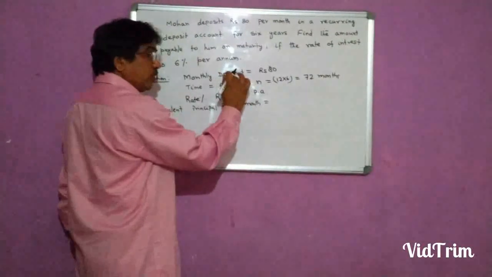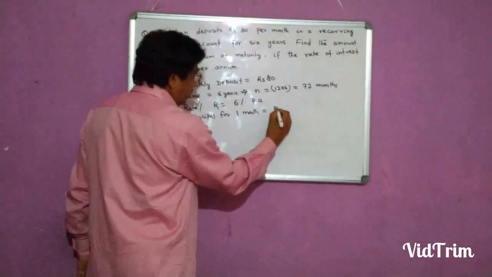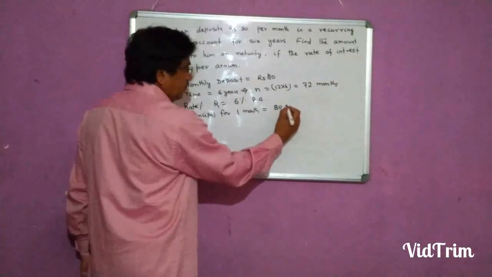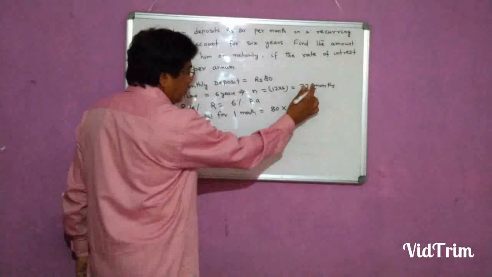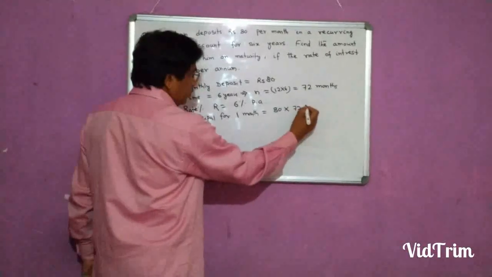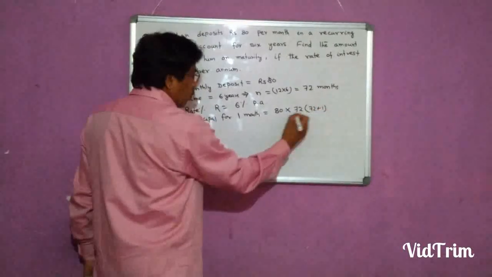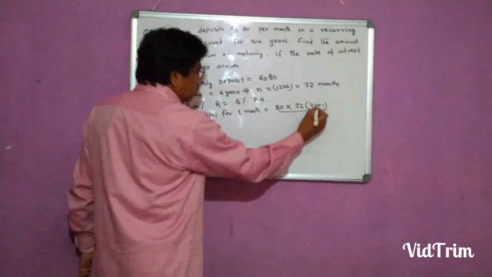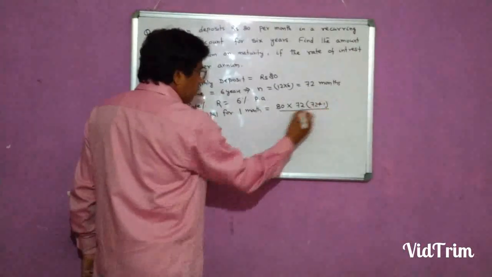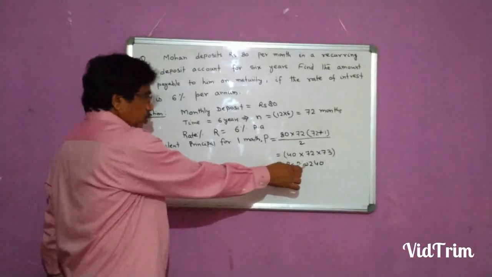Monthly deposit is here 80 rupees, so write down your 80 in place of monthly deposit, then into number of months n, and the value of n is 72 here. So 72 into (72 plus 1) whole by 2. If you simplify this, you get 210240.